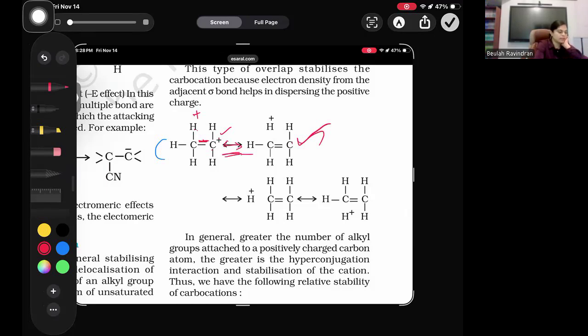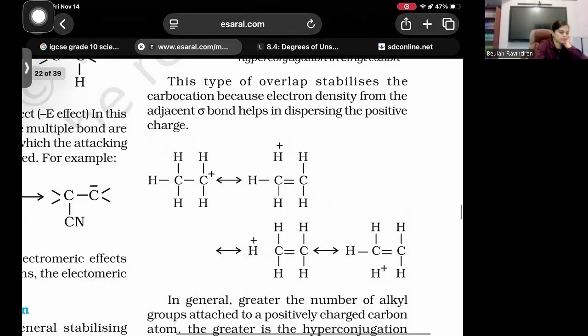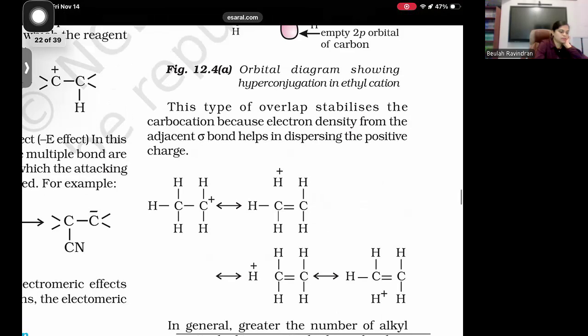Okay, so here the interaction between the pi bond and the... see here. So the overlap stabilizes the carbocation. So now in the second one, there is no carbocation, because electron density from the adjacent sigma bond helps in dispersing the positive charge.